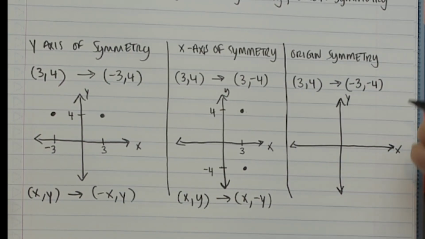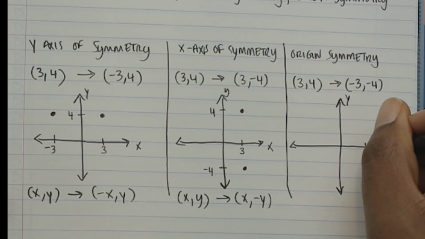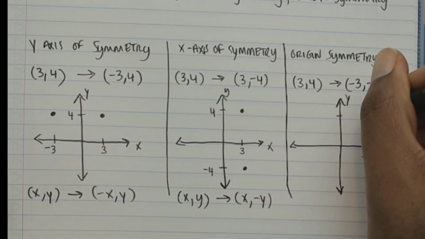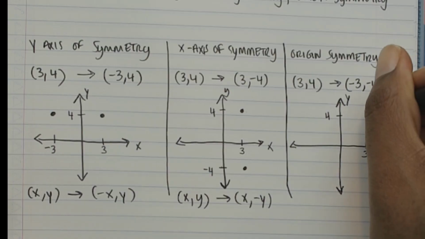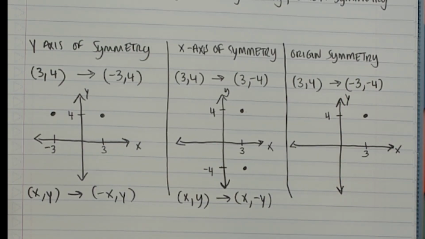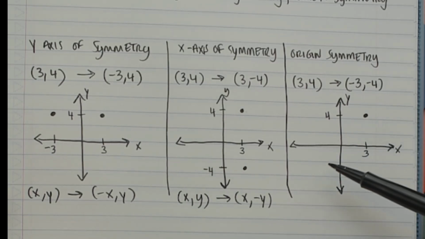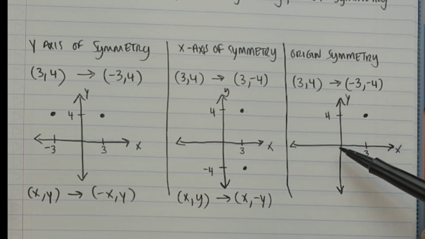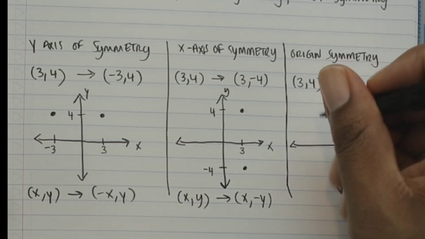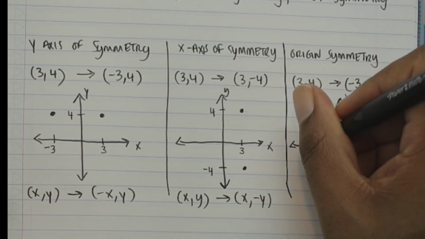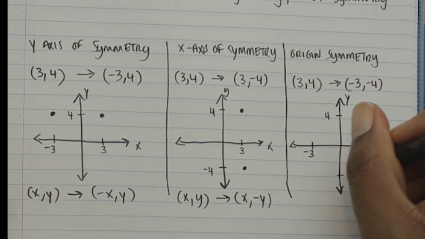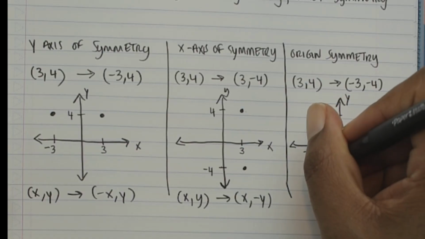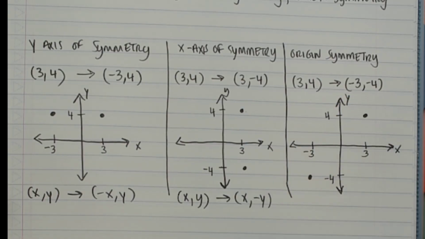So (3, 4) would be located here. If it's reflective across the origin, notice the origin is here, then that point would be here.